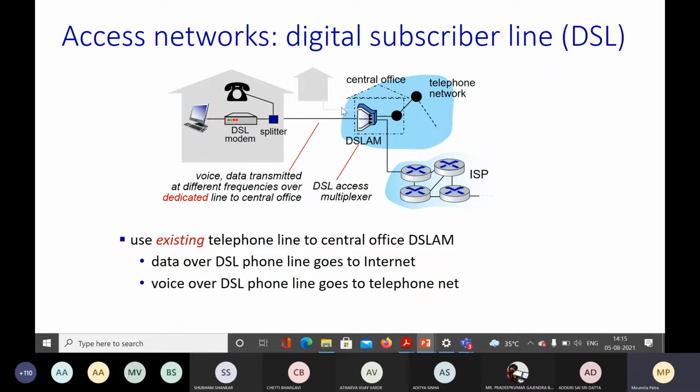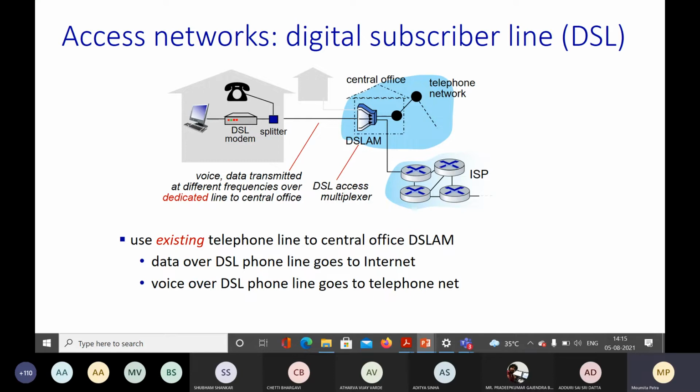This multiplexer is responsible for forwarding the information to its respective network. That is, if it is a voice signal, this DSLAM will forward the voice signal to the corresponding telephone network. That is, if you are talking to somebody, the voice signal will be sent towards the receiving end.